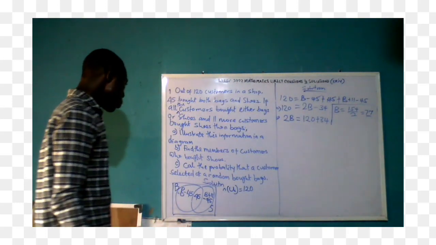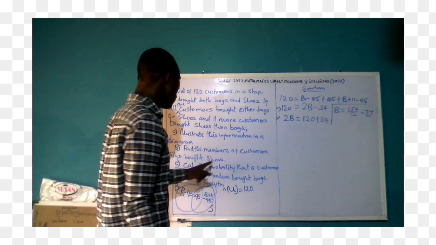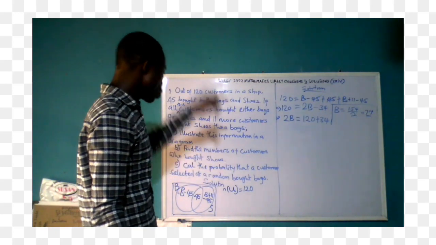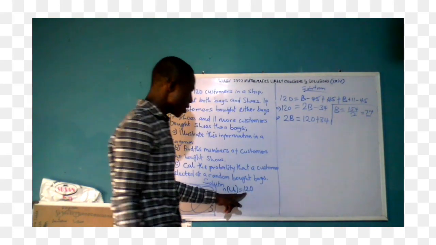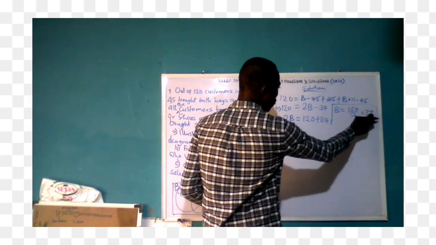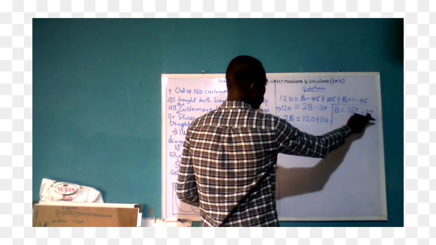But we are asked to find the number of people who bought shoes. The whole number of people in the shop is 120, and we have determined now that 77 people out of 120 bought bags.